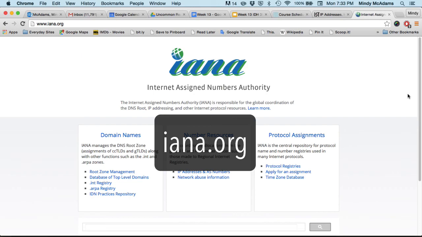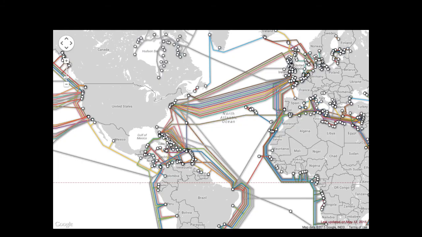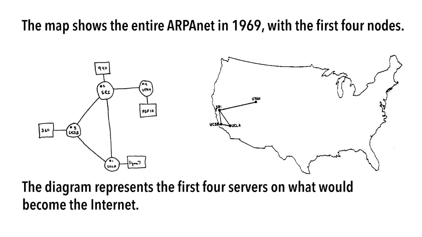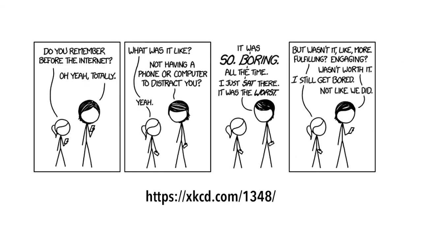The reason I like to mention this is to remind you that the internet is not magic. There was a time when the internet did not exist, and it only exists and works now because people are making it work, and systems and organizations are in place to keep it working.